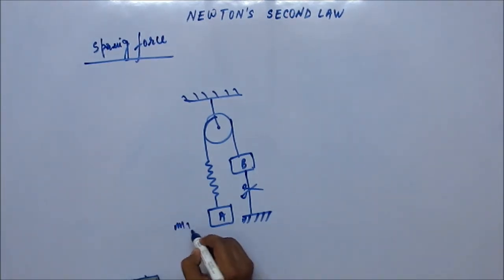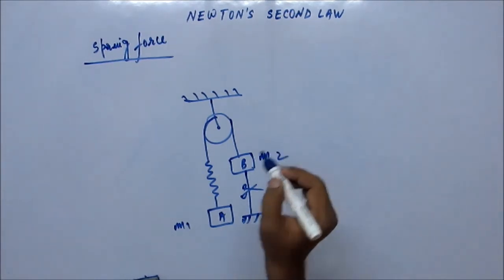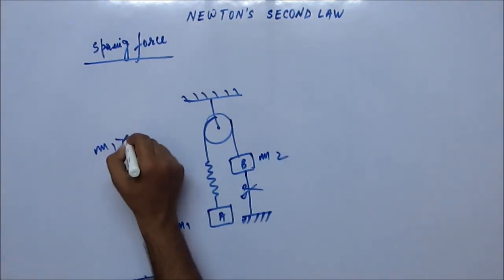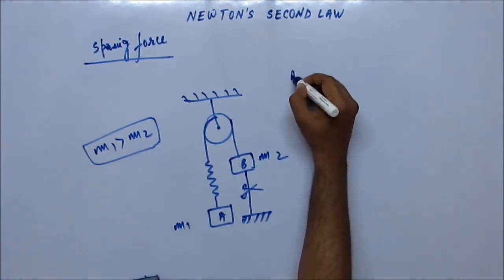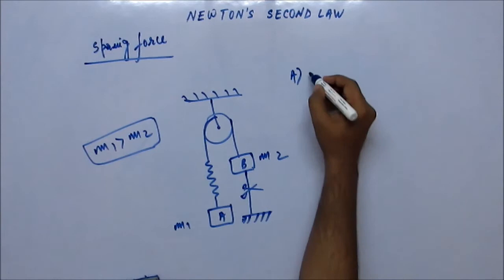Suppose this is of mass m1 and this is of mass m2, and it is given that m1 is greater than m2. Now I'm giving you 4 options and you have to choose the options which are correct.